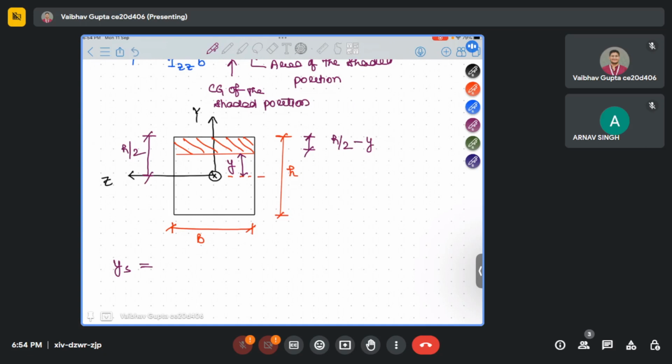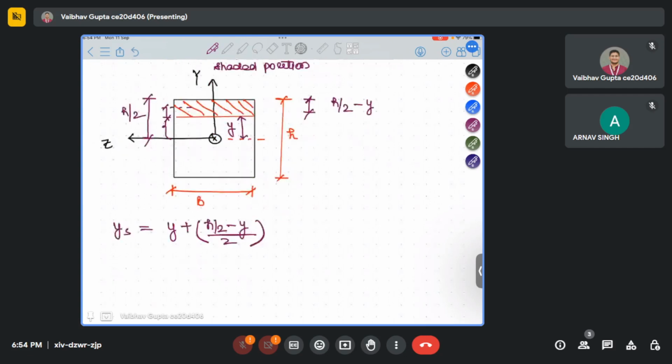Ys is nothing but the CG of the shaded portion. So this is y, plus this value, which is half of the height of the shaded portion. After calculating, this will come as h by 4 plus y by 2.